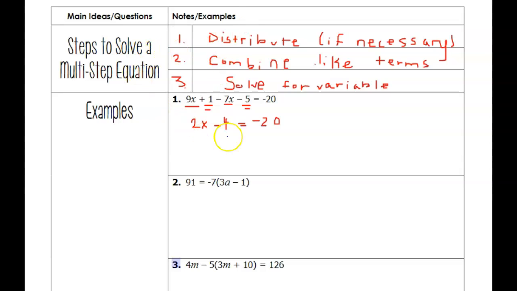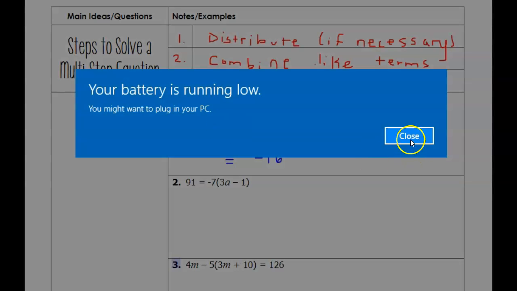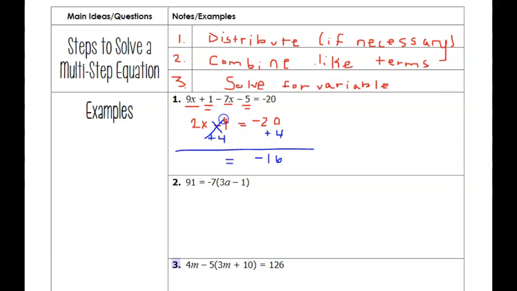Now let's go ahead and do the work here to solve for x. I'm going to add 4 to both sides of the equation because I want to get x by itself. Negative 20 plus 4 has to be negative 16, and that's equal to, well, the 4's cancel, and I got a 2x.